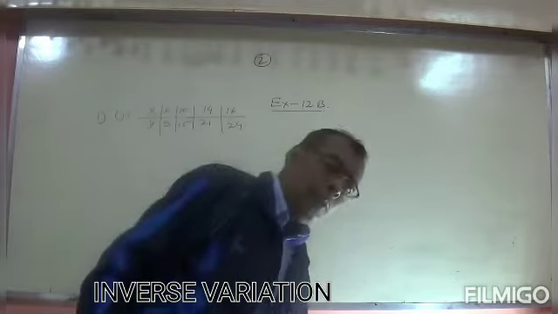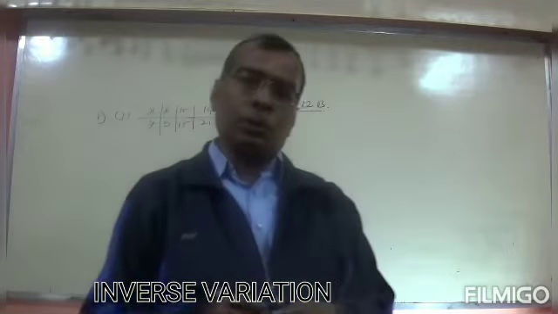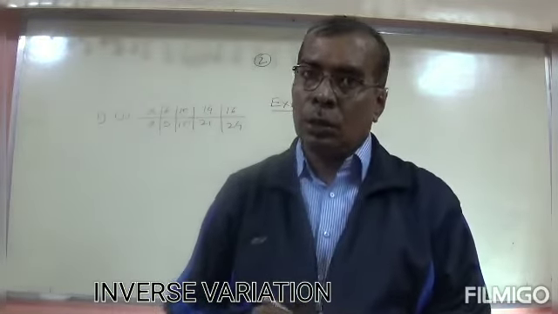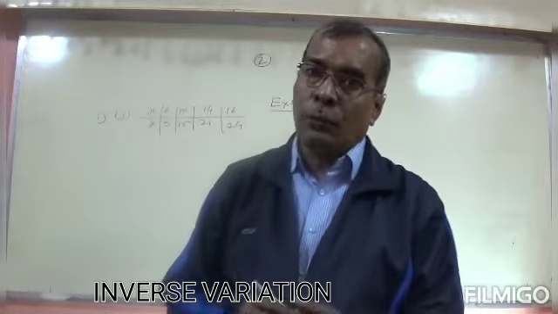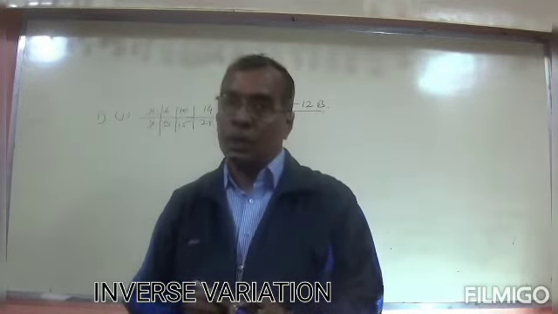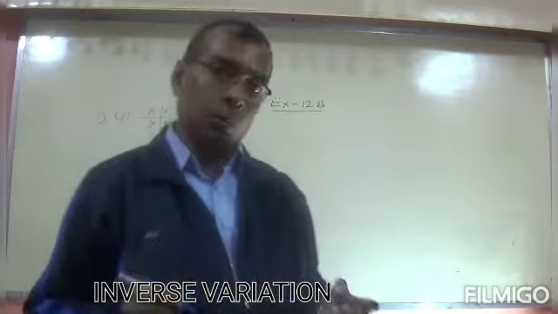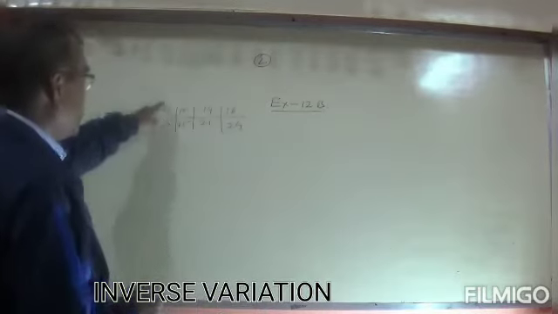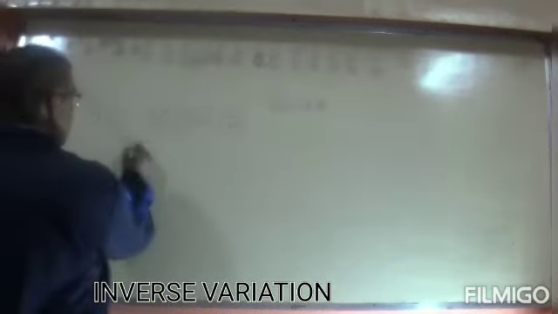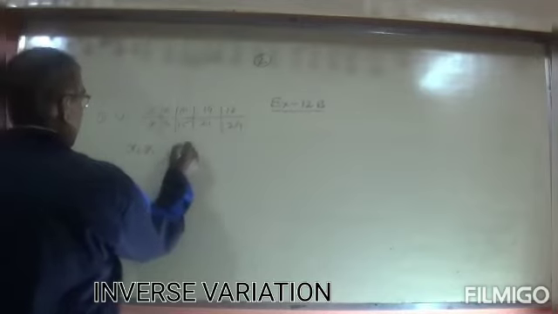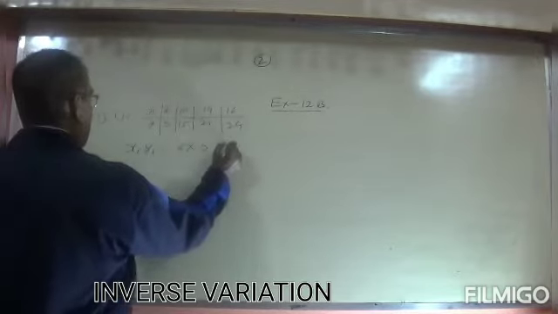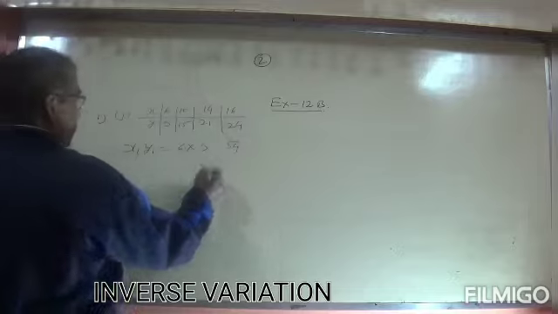We will have to verify as usual whether it is direct proportion or inverse proportion. For inverse proportion, I have told you the formula: x1 y1, x2 y2, x3 y3, all these products should be equal. So x1 y1 is 6 into 9, which is 54.